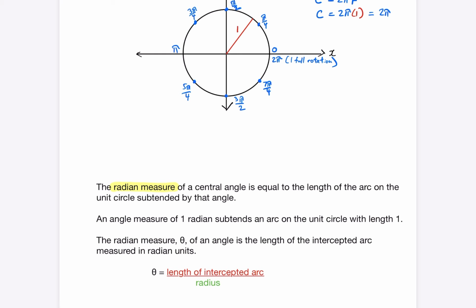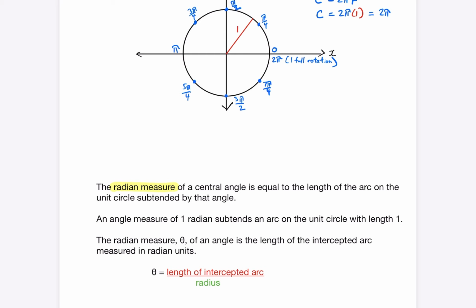So essentially what they're saying is this angle, whatever that measure is, is the same as the length of this arc, okay? And the length of this arc is created by this angle here, by this radius and this starting point, okay? So where it subtends the unit circle, this portion here is the same.